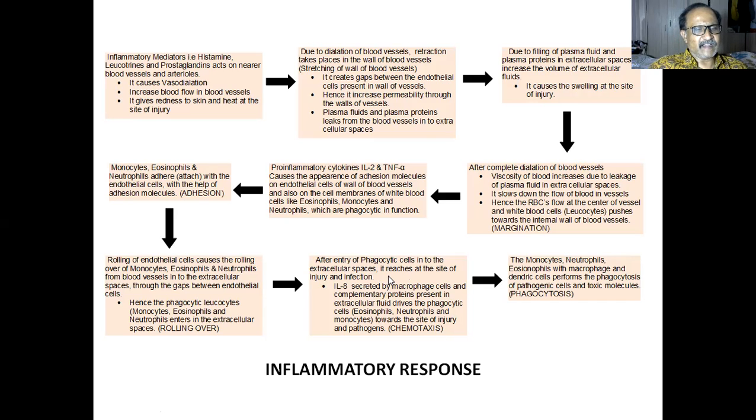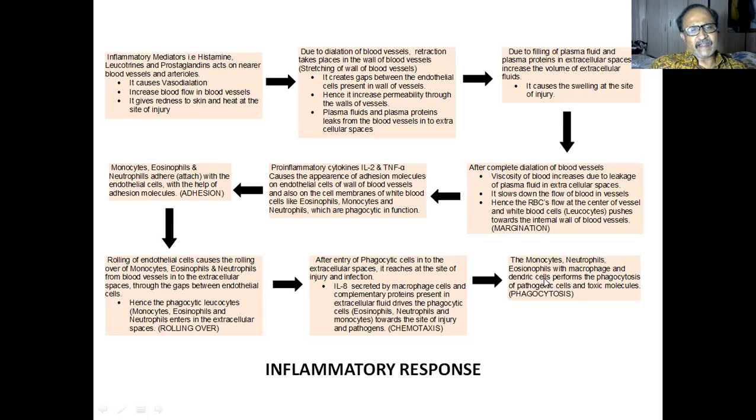Then interleukin 8, complement proteins and leukotrienes, these secretions present in the extracellular fluid, drive these eosinophils, neutrophils and monocytes towards the site of injury, and this process is called chemotaxis.